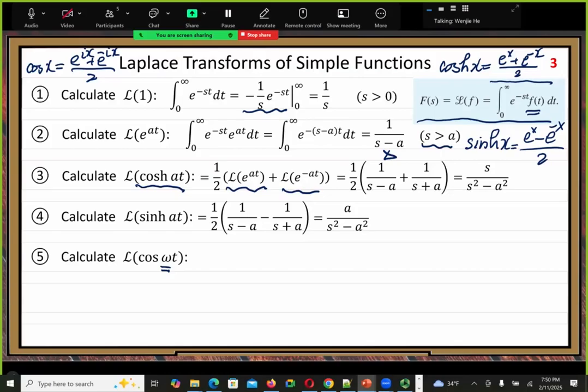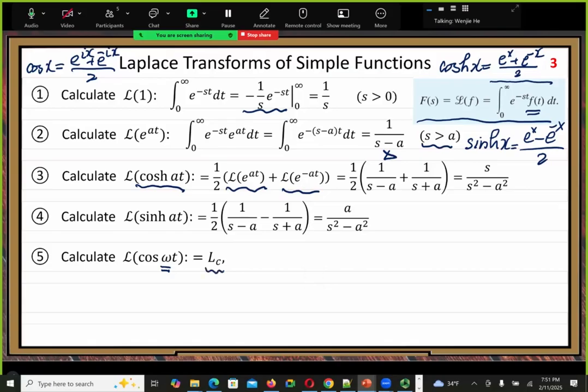When we calculate this one, we need to calculate it together with the Laplace transform of the sine function, as a pair. Because in the calculation, the two functions are involved with each other. So we need to work on these two functions together.